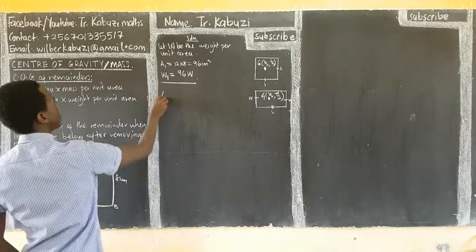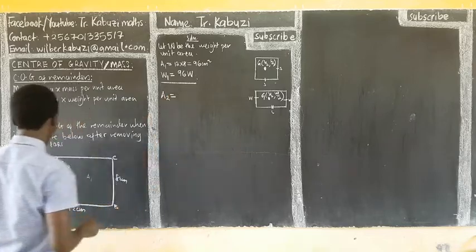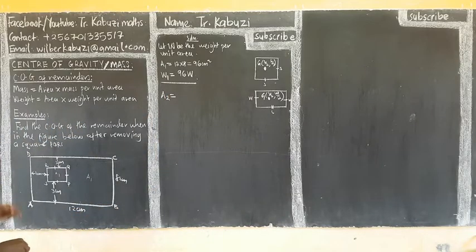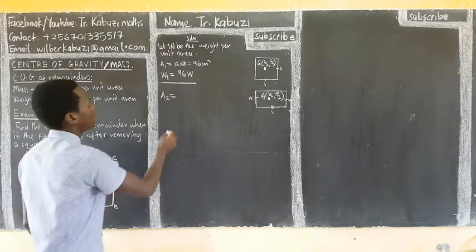Then area 2 is a square. The question is, what are the dimensions? I think from here up to here is 3 units, and from here up to here is 3 units. But remember, the whole of this from here up to here is 8. So if this is 2 and this is 3, the sum is 5, meaning the balance is going to be 3. So if this is 3, this one is also 3.